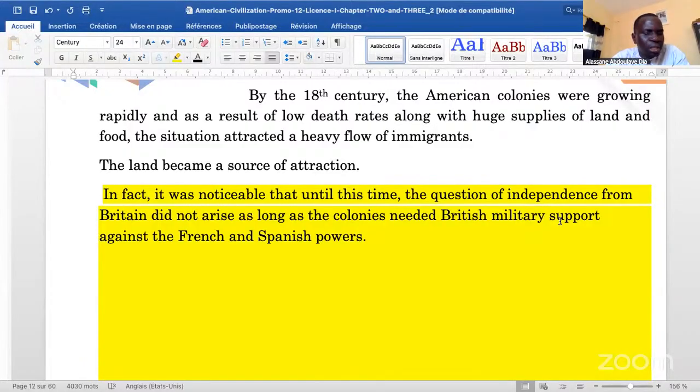During the time of exploration, when the populations met, so many people died because of contamination of diseases. The population of America went down. But here, we can see that there was stability. There were low death rates. And then the land became very attractive.